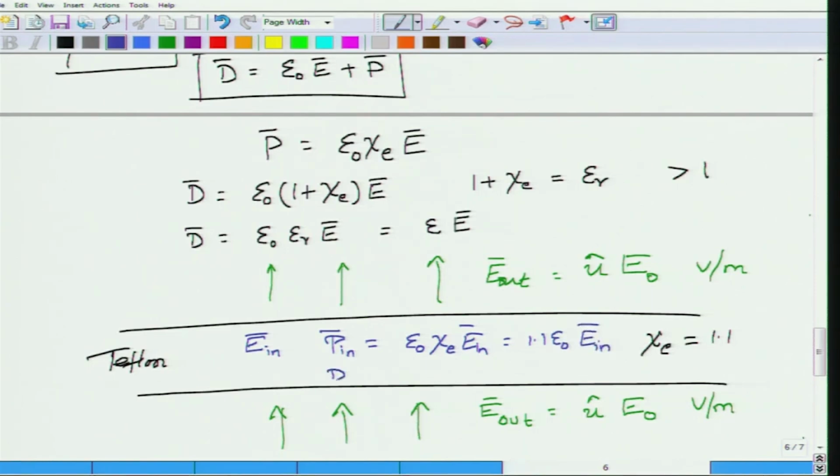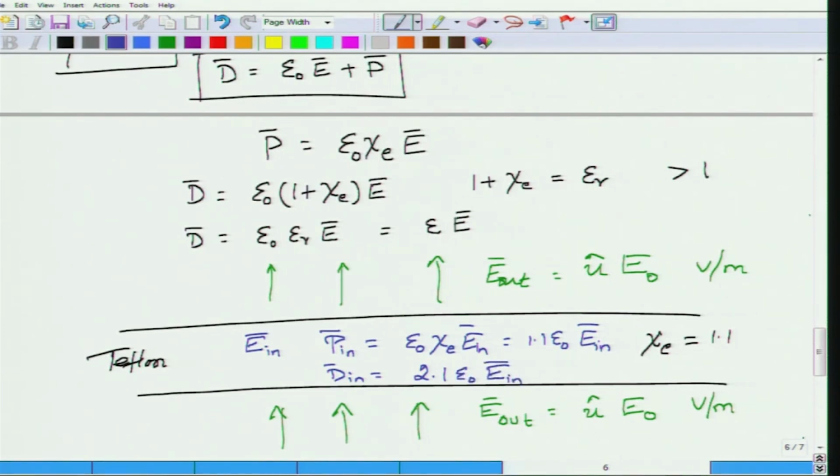What would be D in? The D vector would be (1 plus chi e) times epsilon 0 E in. 1 plus chi e is 2.1. So this will be 2.1 epsilon 0 E in, with appropriate measurement units.